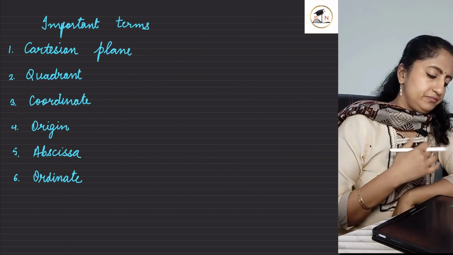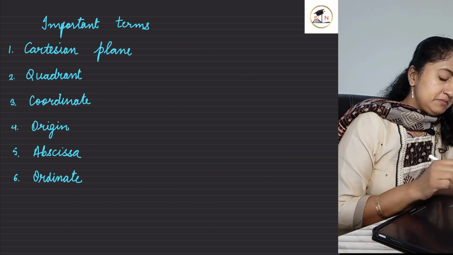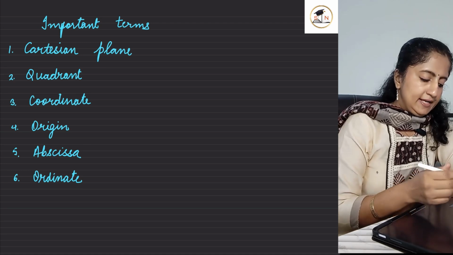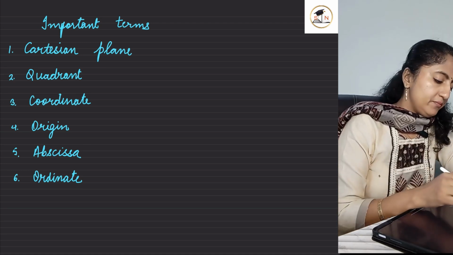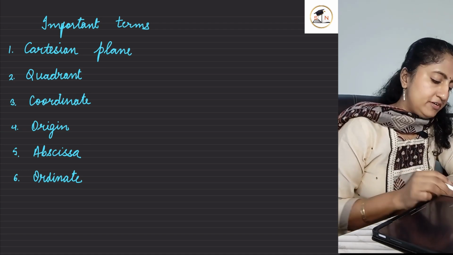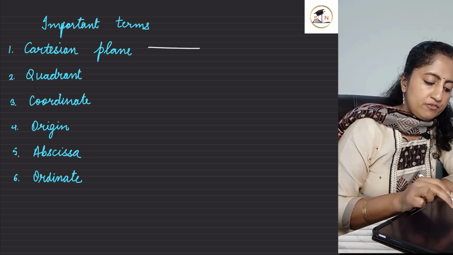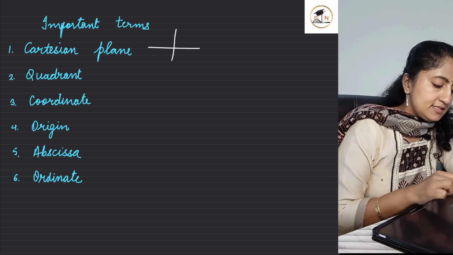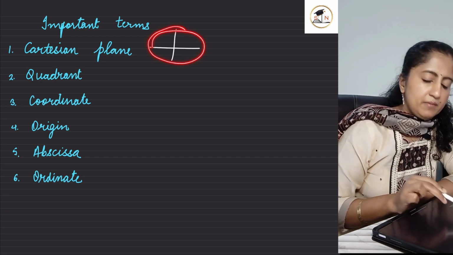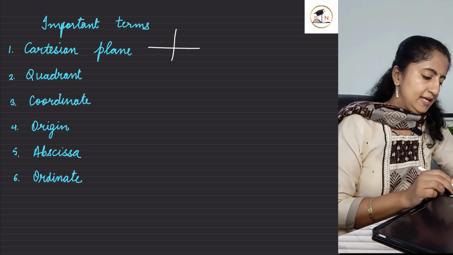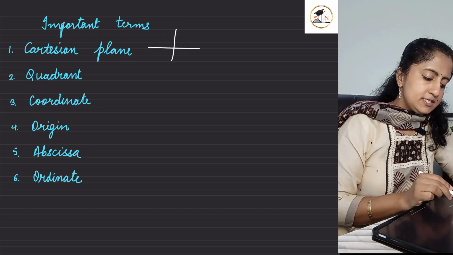Okay. Now, I said important terms, though I have already introduced you in the previous slide, but let's go through them once again. Okay. Now, the first one, Cartesian plane. We saw that when we had made a grid of the x-axis and the y-axis, the total area around them is called the Cartesian plane, right? Then we saw about quadrants also.